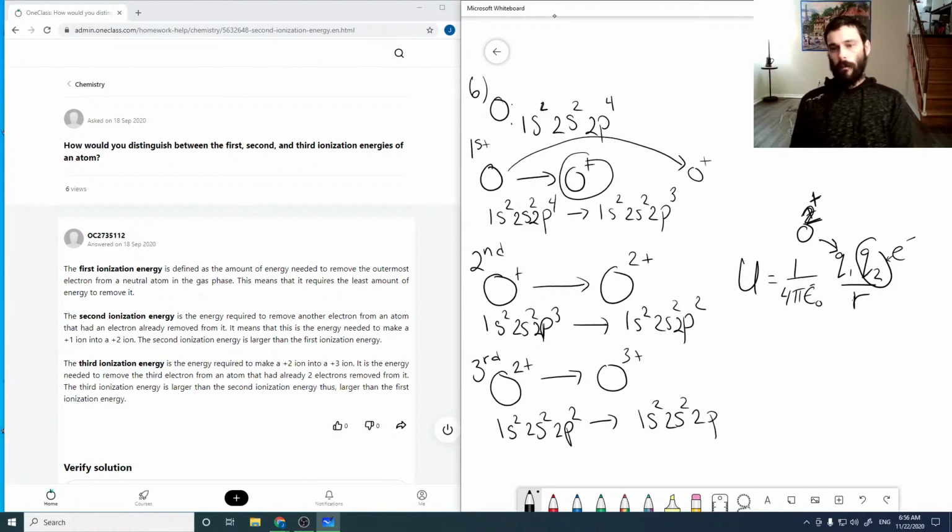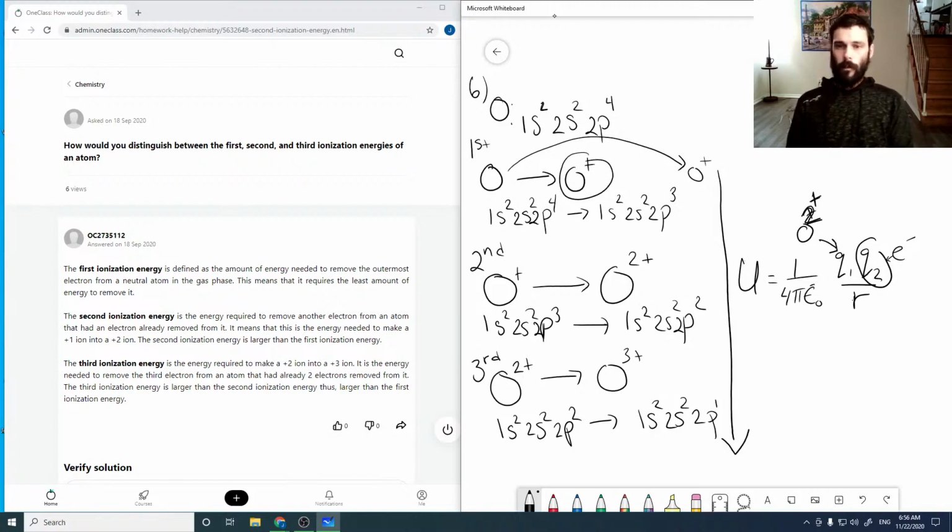And as in the previous, removing an electron from a 2 positive to make it a 3 positive is going to be even harder than the second and the first. So that means that the energy always increases from first, second to third.